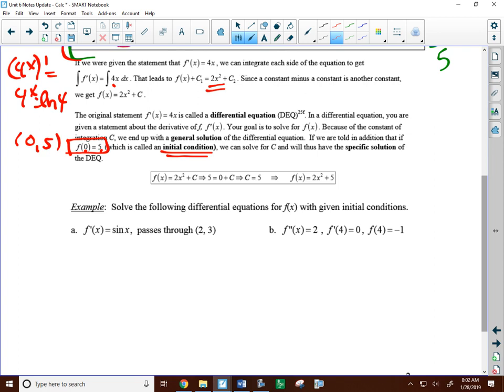If you actually had that, then you could find what c is. And that's what we're going to do. Only if they give you an initial condition can you actually find what c is. Otherwise, you're going to have to just leave it as c. So that's what I sum up here. On this question, they found that c was 5. So let's do 2 of those.